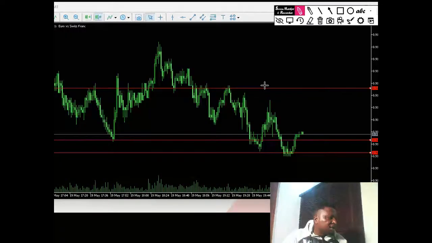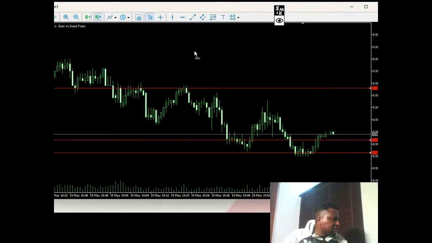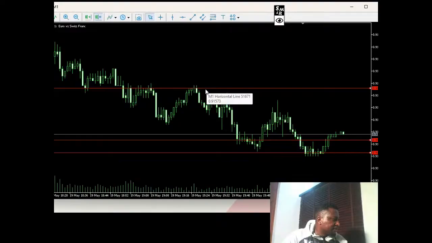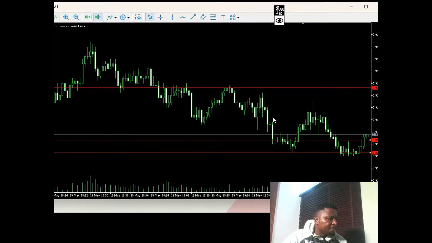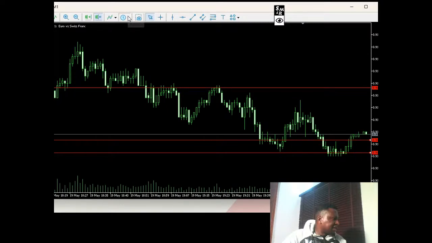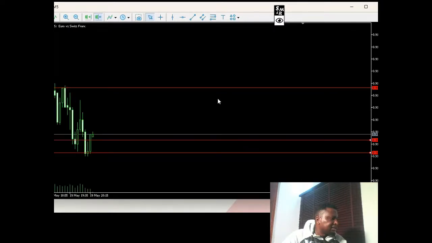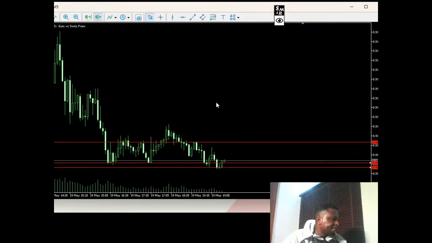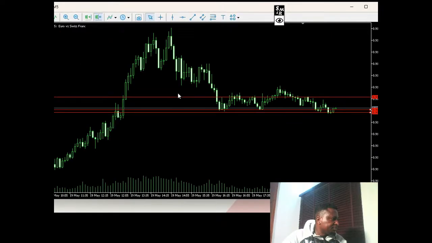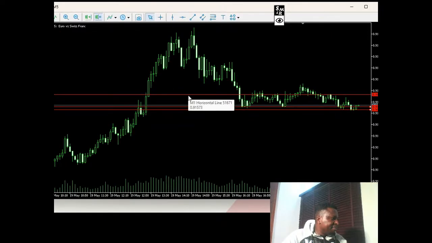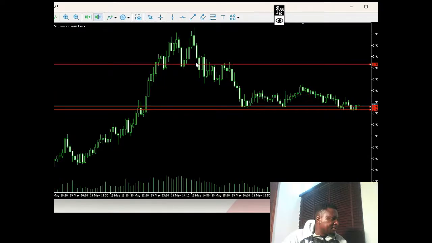Let's zoom and see. Let's change the time frame and see if we can see a better chart, a better key level.